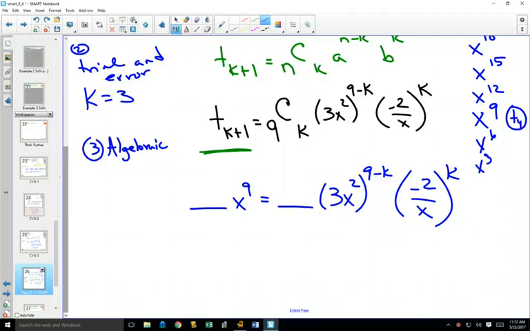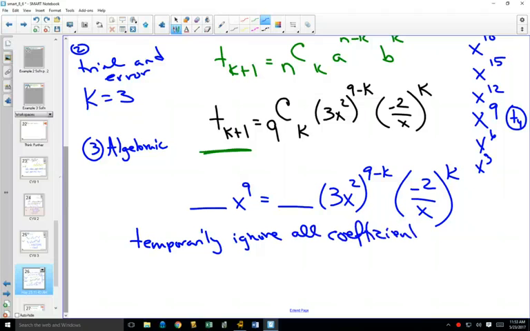In fact, the only information that we have is stuff with the x's. So we temporarily ignore all coefficients, all the numbers in front. I just say on this side, I'm just going to have x to the 9.